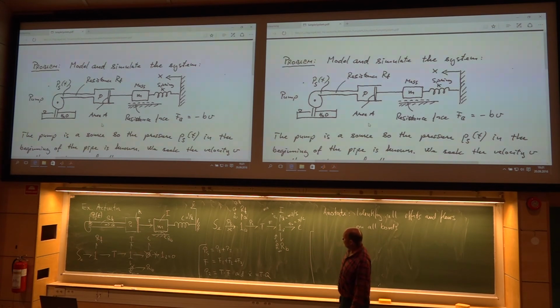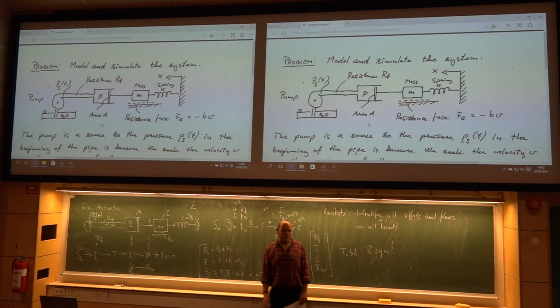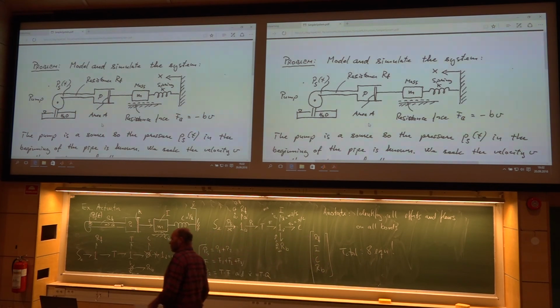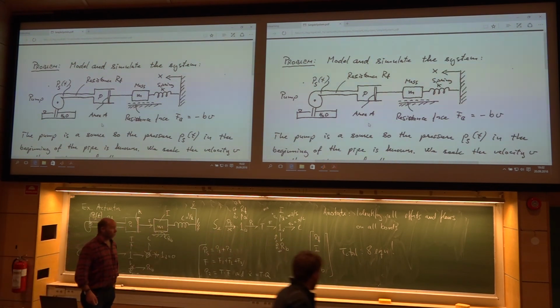You will have 1 equation for each of these elements, RF, I, C, RB. That's 4 more. So in total, 8 equations. 8 algebraic equations. Not all are algebraic; some of them will be differential equations.